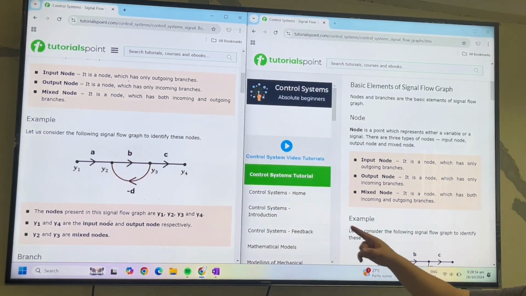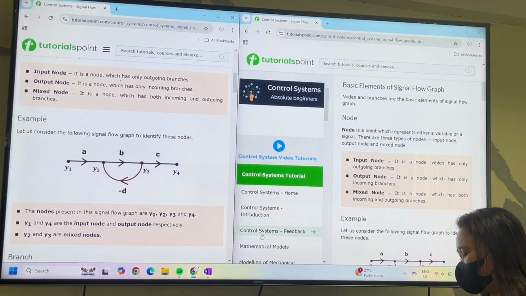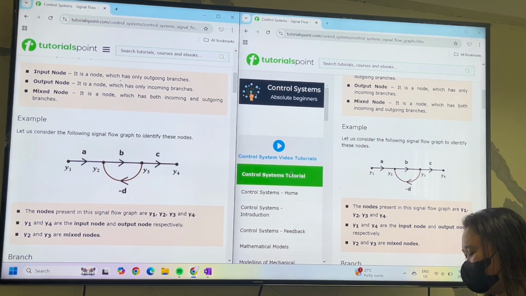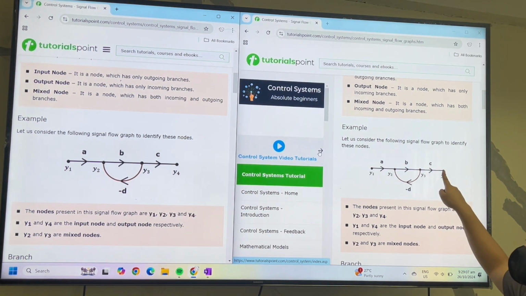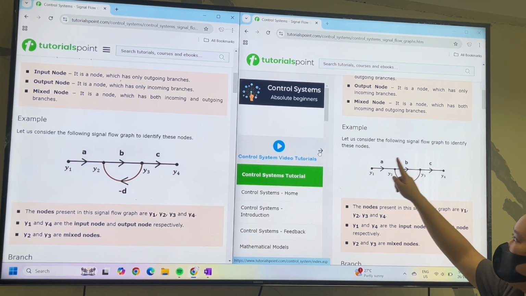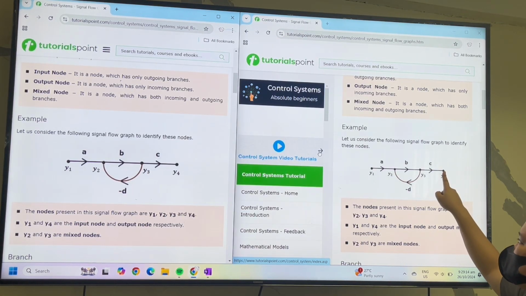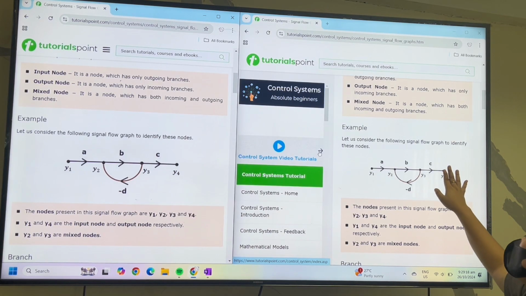So this is 1, 2, 3, 4. These are the nodes. We have Y1, Y2, Y3, and Y4. Y1 and Y4 are considered the input node and the output node.